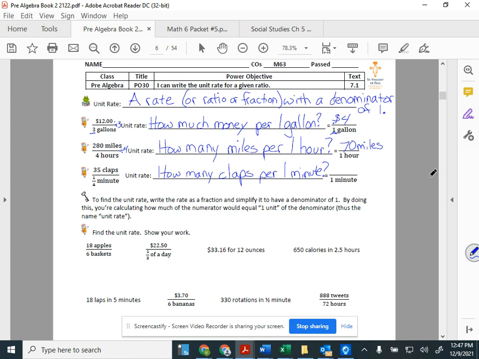We have to multiply this time. So when you're at a number that's smaller than 1 whole, you have to multiply it up. So 1/4 times 4 would get us up to 1 minute. So whatever we do to our denominator, we have to do to our numerator. So how many claps per 1 minute? Chase. 140 claps.